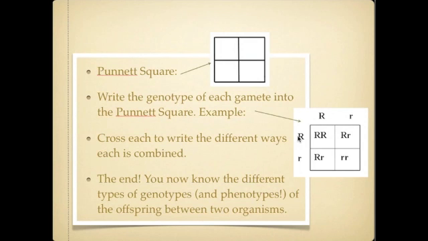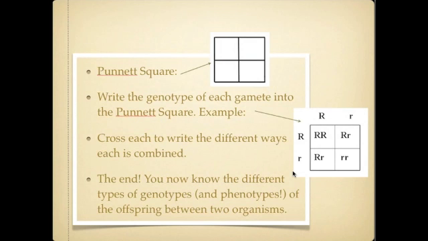So it's basically a crossing game, and you always start with the alleles on the side. You make sure you cross the top allele on the side with both alleles on the top of the square, and then you cross the allele on the bottom of the side with both alleles on the top.